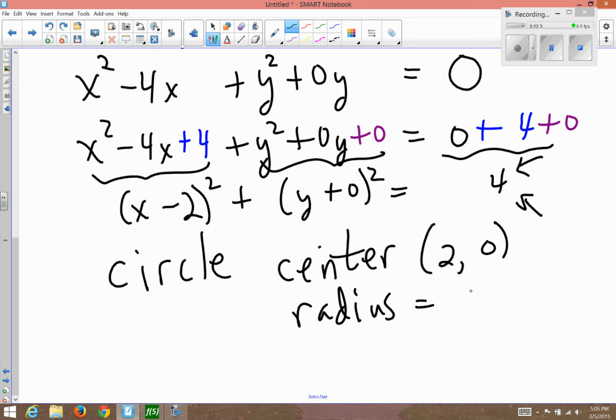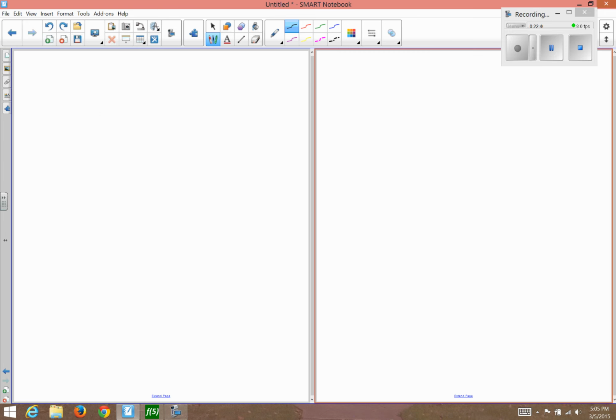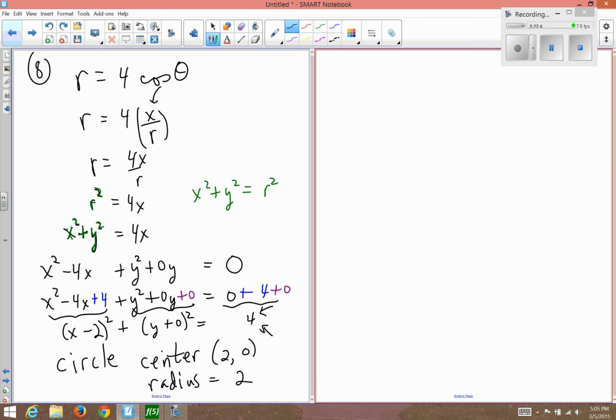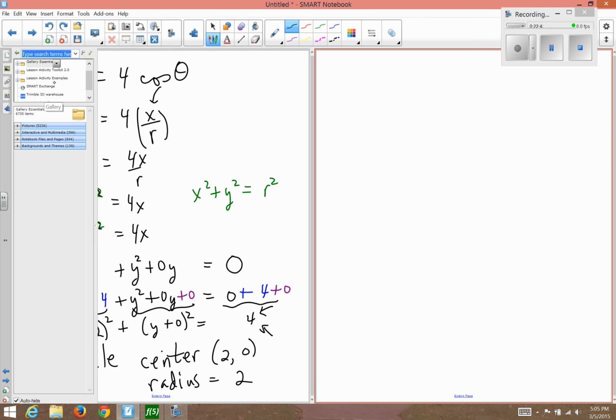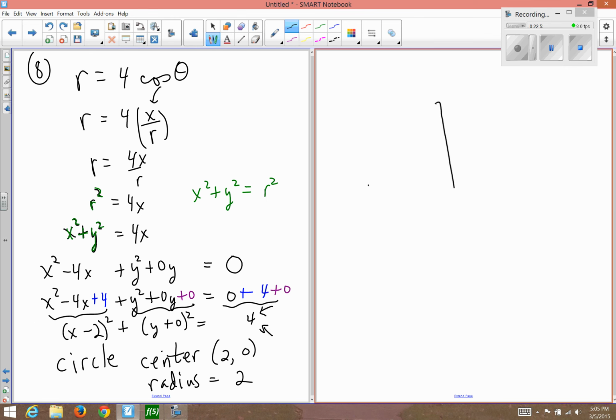The square root of this number. 2, 0 is the center. Radius is 2. Over 2, down 2.